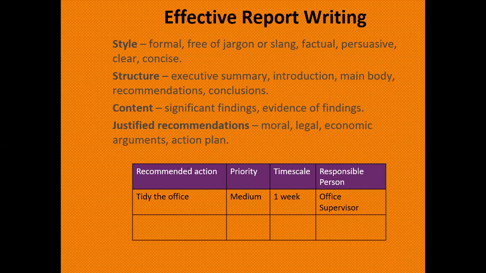Then we have the content. In the content, we should start with the significant findings, something serious, something we cannot ignore, something that needs to be addressed at the earliest.